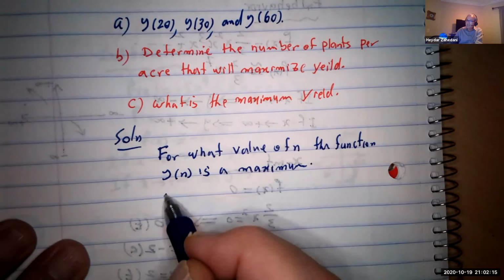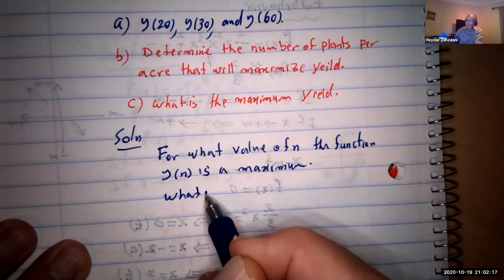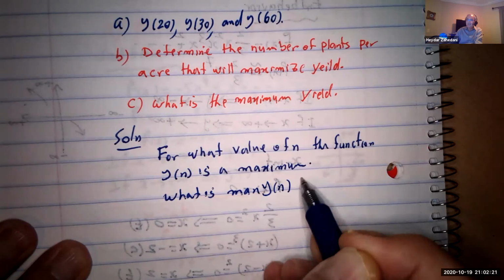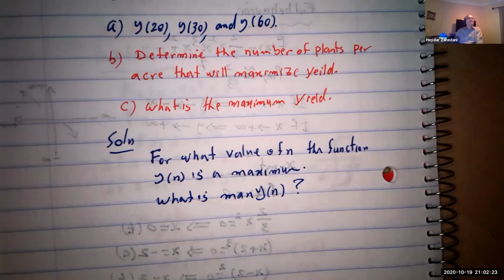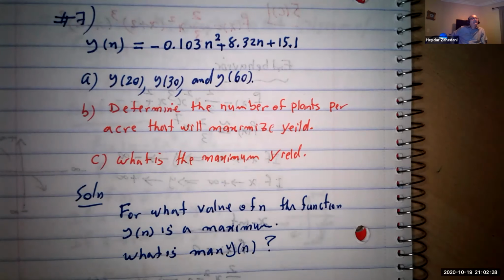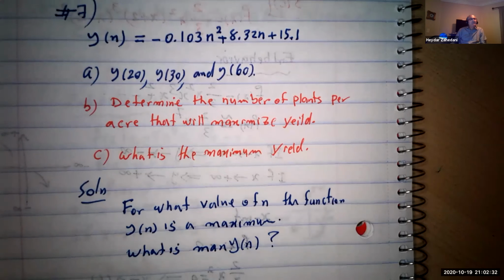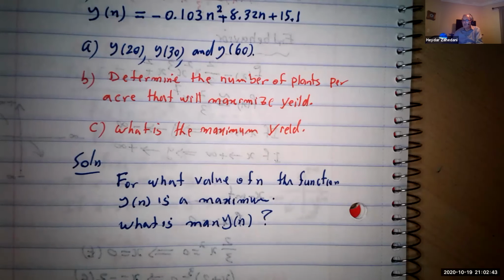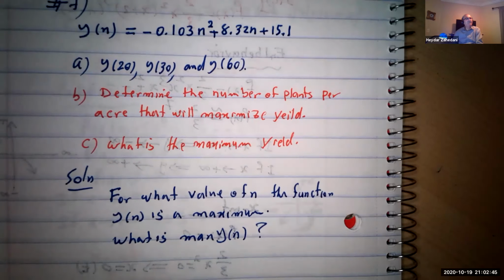And what is the maximum value of y of n? These are the type of problems where you drop all the neighborhood, if you like, and this is what we would like you to do for us. You know that the maximum or the minimum of a quadratic function happens at the vertex. So look at this function from that point of view.